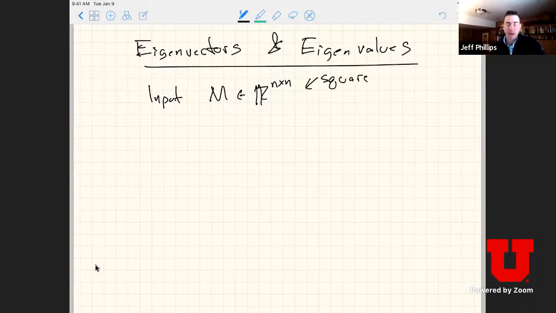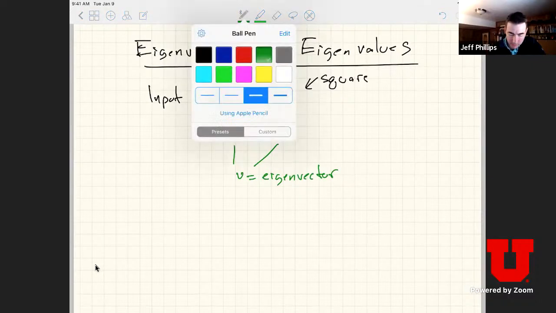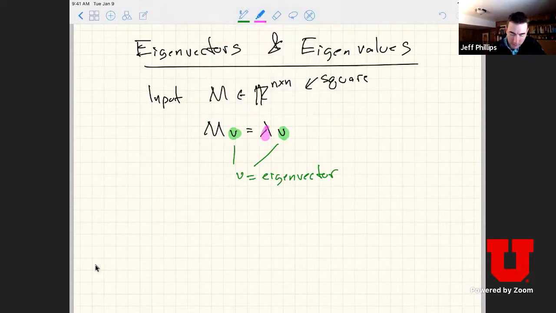And what I have is M times v is equal to lambda times v. So now this v is recovered. I multiply by a vector and I get a scale multiple of the vector. This v is then going to be an eigenvector, and this lambda is going to be an eigenvalue. That's lambda here.